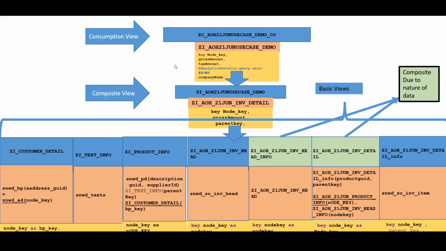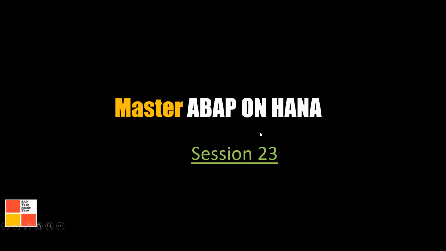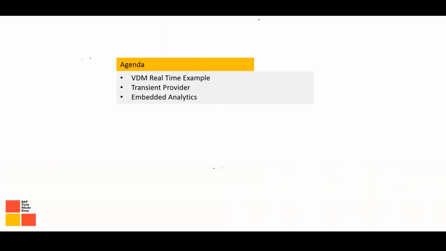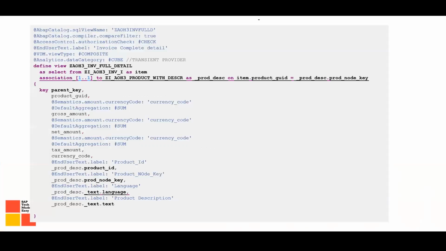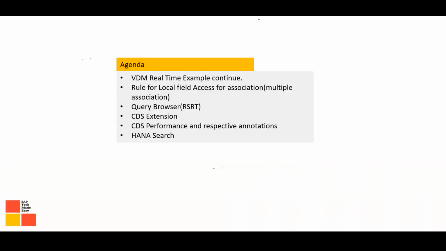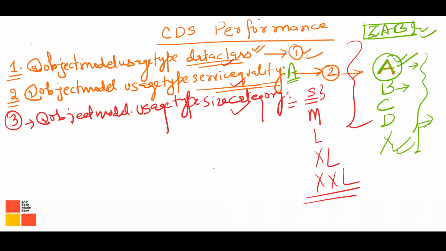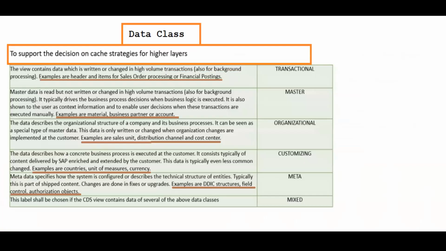So I've taken one complete end-to-end scenario: how to develop a VDM, what are the best practices of developing a CDS, right? So first you create basic, then composite, then consumption, like that. The complete scenario end to end is covered. In session number 23, VDM real-time example, what is transient provider, what is embedded analytics. Then in session number 24, query browser, HANA search, okay, CDS performance.